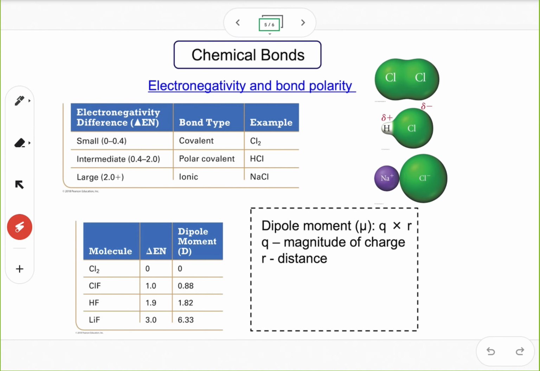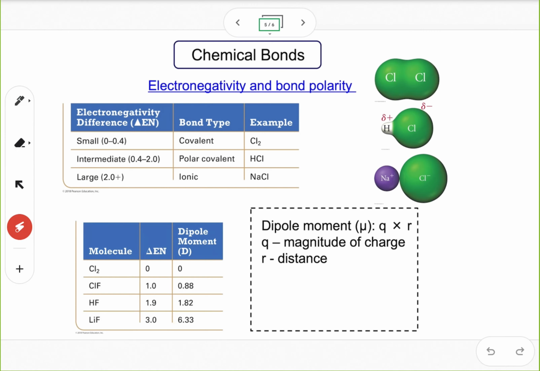So this bond is a nonpolar covalent bond, like chlorine. Okay, chlorine right here, because these two chlorine atoms will share the electrons equally. So for this chlorine molecule, there is no negative side or positive side. Therefore, this is a nonpolar covalent bond.